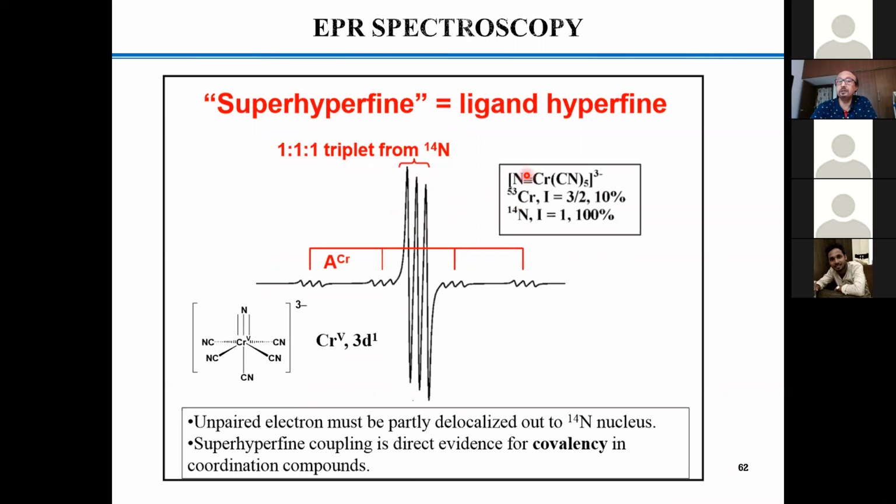So this splitting is only due to the super hyperfine coupling. And then 10% chromium 53, that is also a stable isotope, has I equal to 3/2. That means one line is split into 4 lines, right?